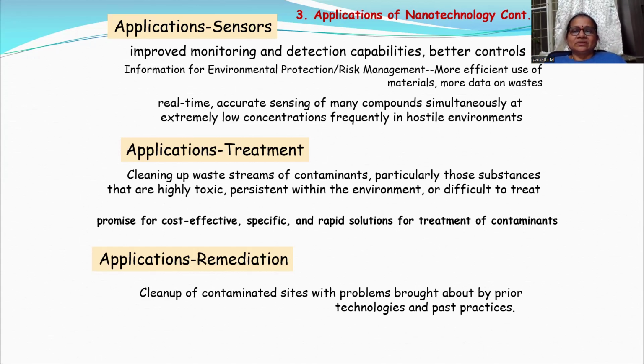So nanomaterials are used. Those highly toxic substances will be easily dissolved into the environment using that type of nanomaterial. So that is a cost effective, specific and rapid solution for treatment of contaminants. And another application is cleanup of contaminated sites, problems brought about by prior technologies and past practices.